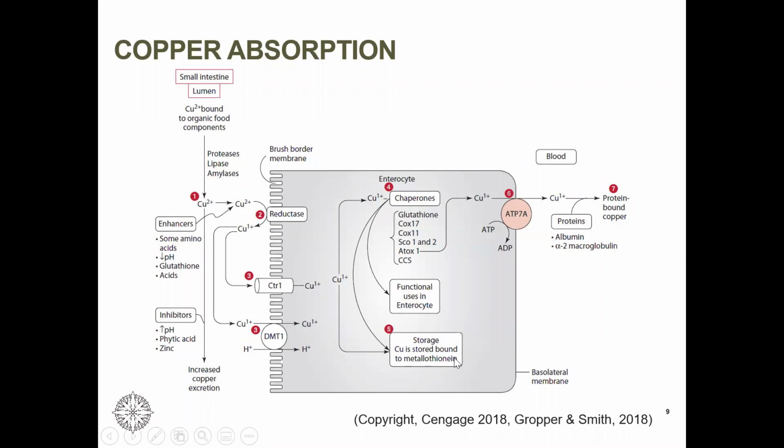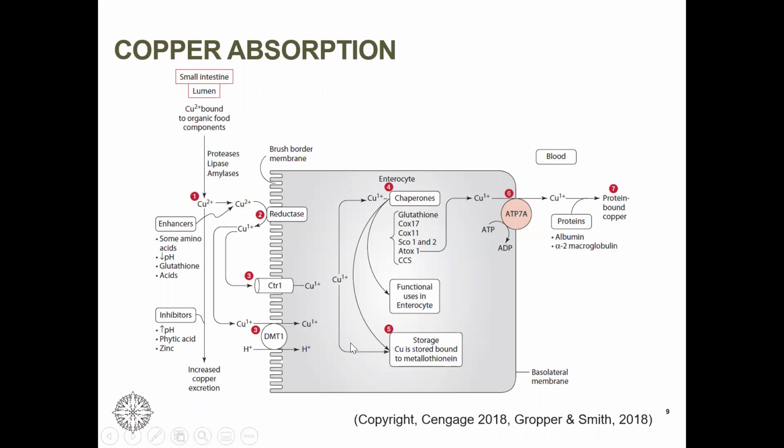It is mainly in the liver, but even intestinal cells have the capability to store copper. And with copper, it also stores zinc. Both copper and zinc are together in this metallothionein. So that can happen inside the cell.